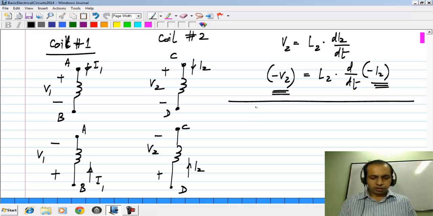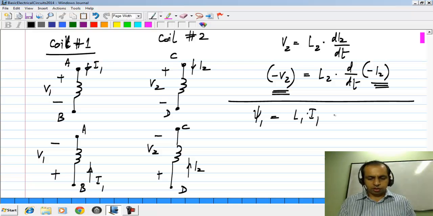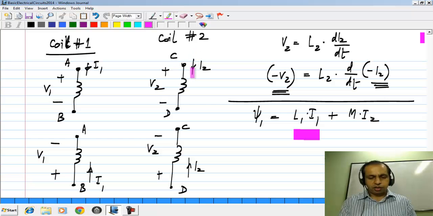If I took the flux linkage to be L1 times I1 plus M times I2, there is no ambiguity for the self-inductance part, but for the second part, if I take coil 2's I2 in this direction, I get something, and if I take it in the opposite direction, I get the negative quantity.